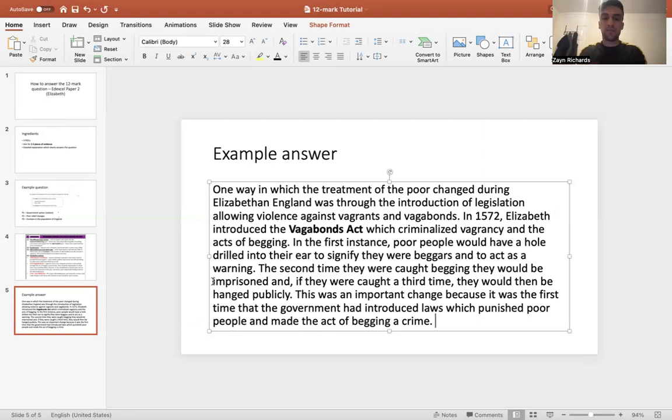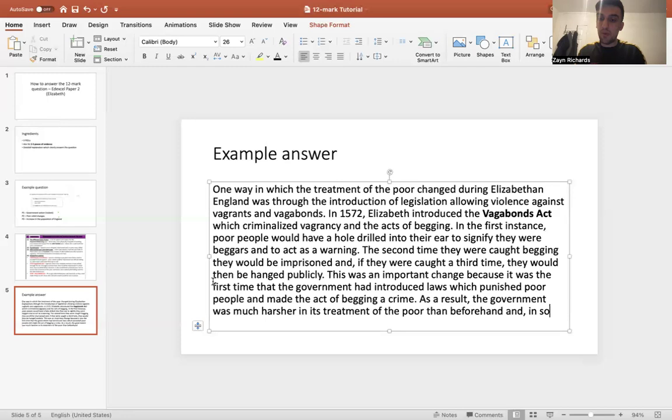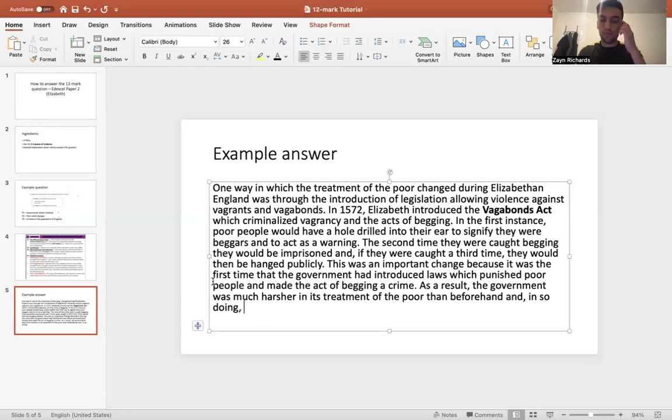So we can then say, this meant, as a result, the government was much harsher in its treatment of the poor than beforehand. And in so doing, this is where the top level students will try and make their answer really sophisticated.